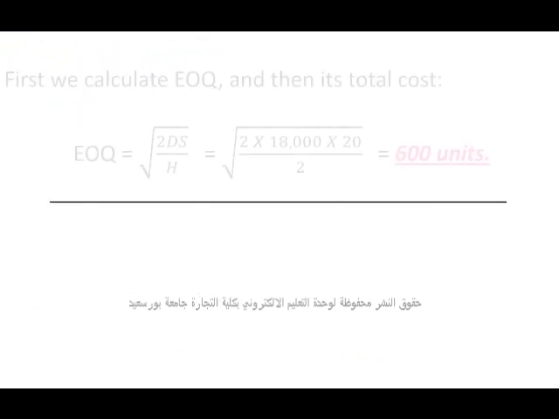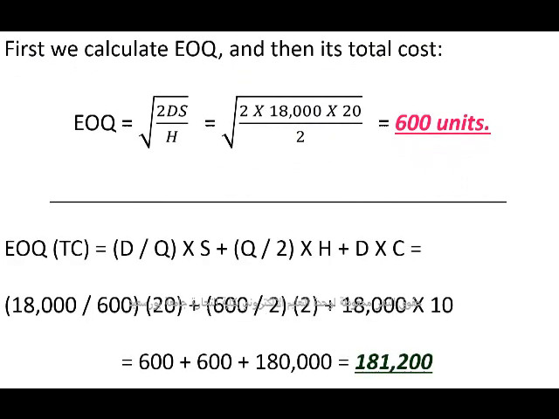To answer, you should calculate the total cost for EEQ and the total cost for each discount. First, the total cost for EEQ. You can get EEQ according to this equation, which will be equal to 600 units.